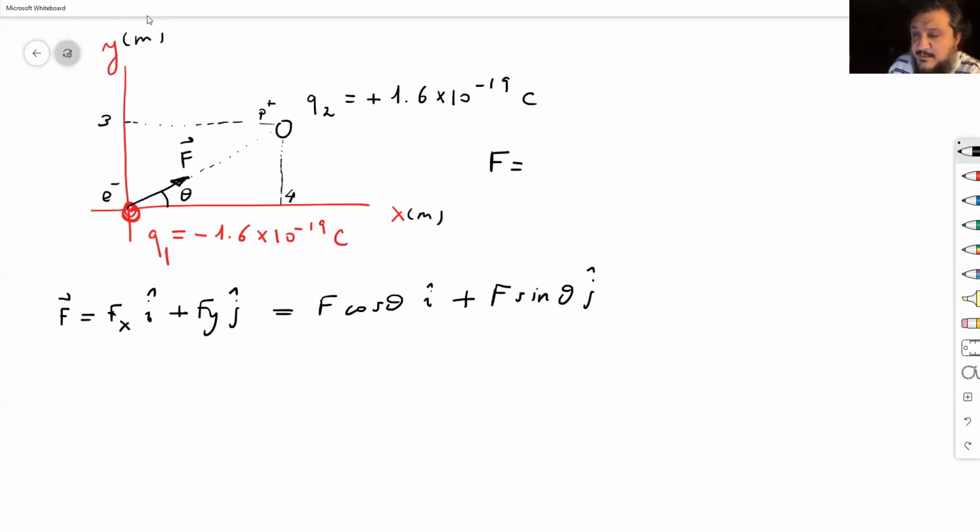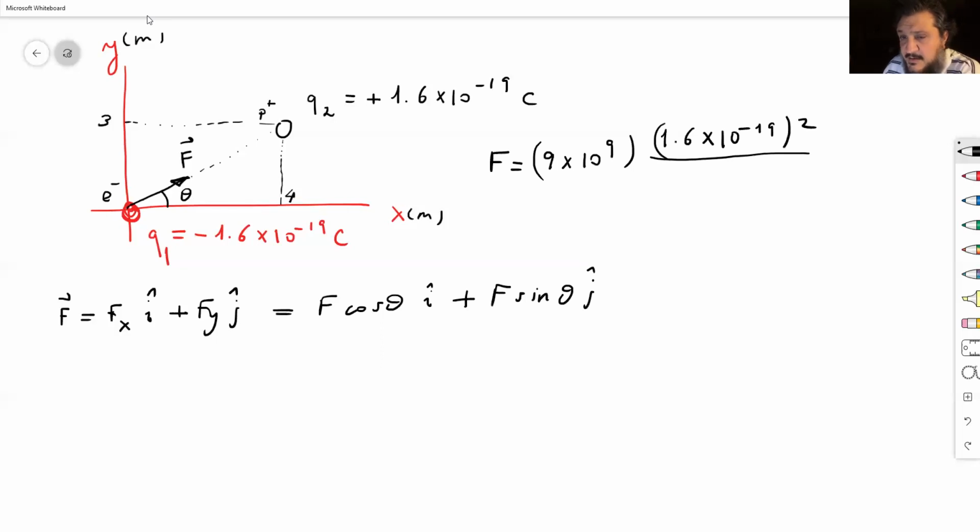So f will be that constant, 9 times 10 to the 9, times these charges. I have 2 of them, so I'm going to square it. 1.6 times 10 to the negative 19 coulomb. Just square it, okay? And I'm just finding the magnitude, remember? So it's a positive number now. So I need the square here, 3, 4, 5, right? This is 5 meters. 5 squared is 25.